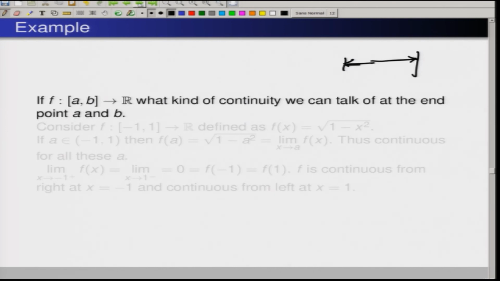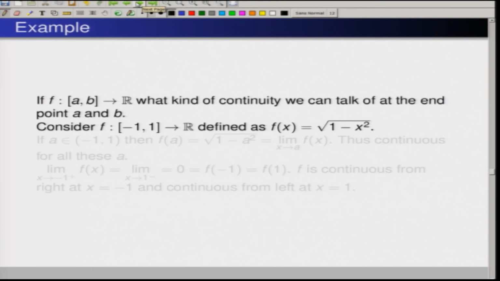Now, for a concrete example, let us consider f of x is the square root of 1 minus x square. At minus 1 and at 1, f of minus 1 is equal to 0 and f of 1 is equal to 0. Now, if x is bigger than 1, then 1 minus x square is negative.